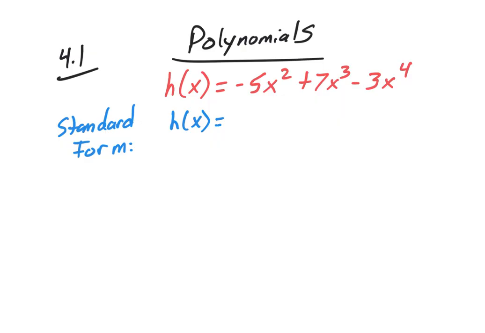So we're going to start with negative 3x to the 4th. Then the 7x cubed is going to be second, and then the negative 5x squared would be last. So we go 4, 3, 2 as far as our exponents go. The numbers out in front really don't matter as long as they stay with what we have.